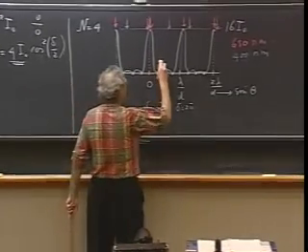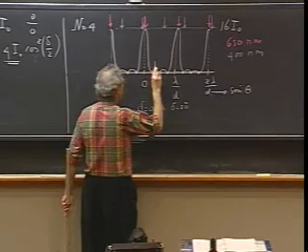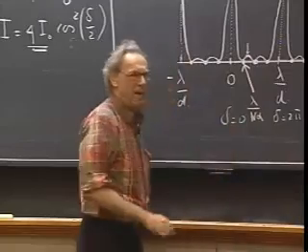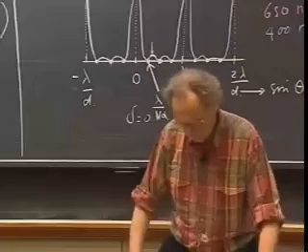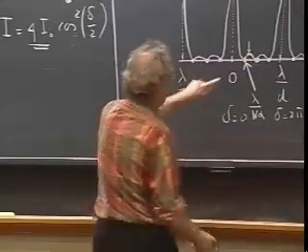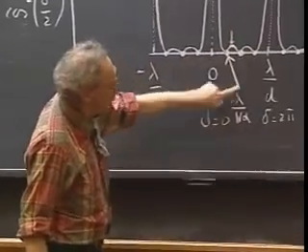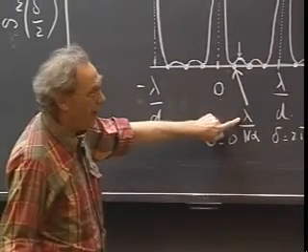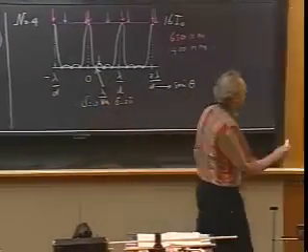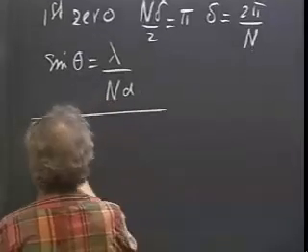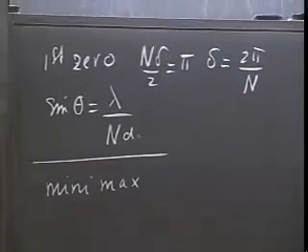You may be interested in what the magnitude is, what the light intensity, I should say, is of this little mini-maxima. Well, that is very easy to calculate. If we know that the sine of theta here is lambda divided by nd, and we know that here it is twice that much, then all I have to ask that equation is, what is your light intensity at the first mini-maximum right here?